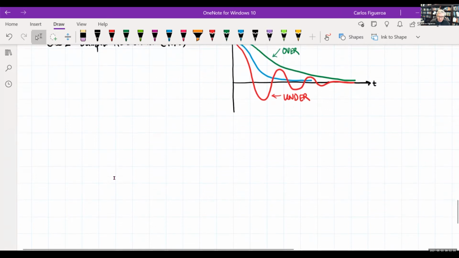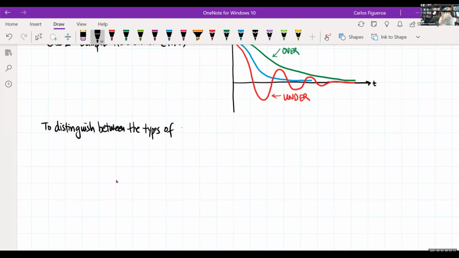So what we're going to do here is the following. Now that I have an RLC circuit, to distinguish between the types of damping in RLC circuits, we must solve the characteristic equation.